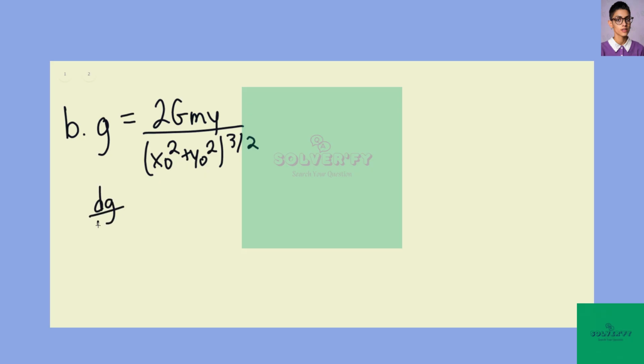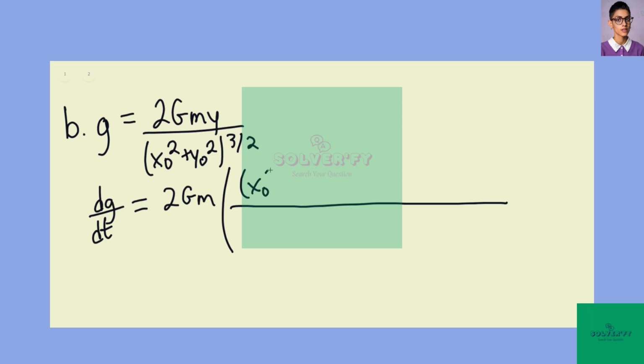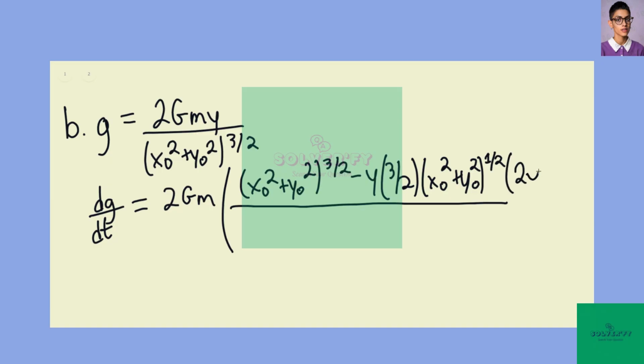So dg over dy equals 2GM, and then here it'll be x naught squared plus y squared to the 3/2 power minus y times 3/2 times x naught squared plus y squared to the 1/2 power times 2y, and this will be divided by x naught squared plus y squared to the 3rd power.